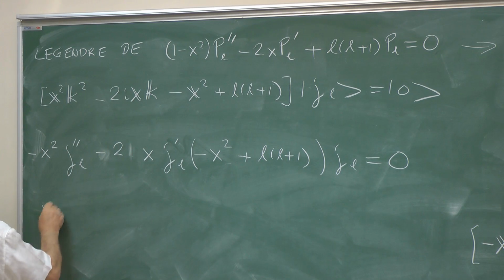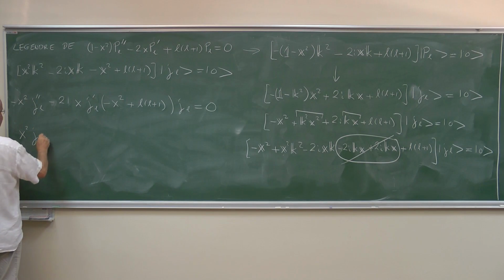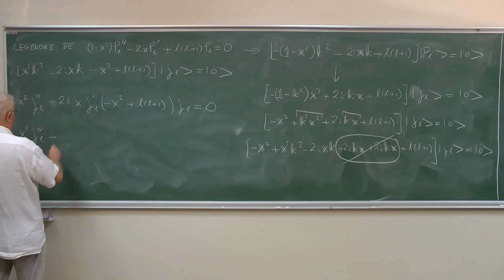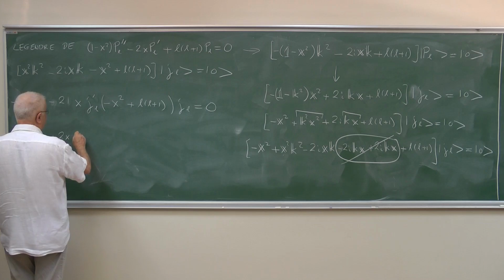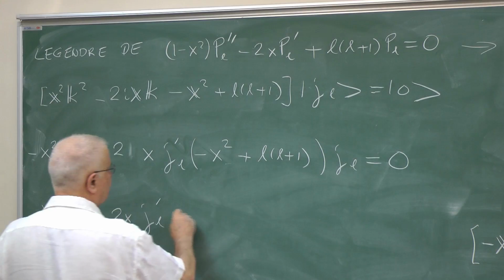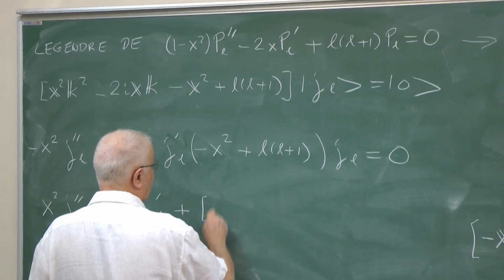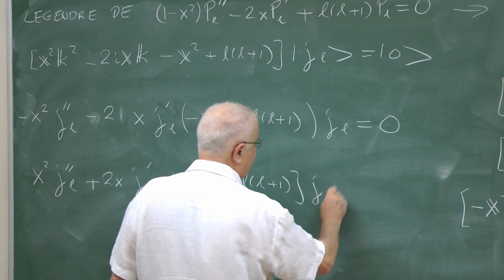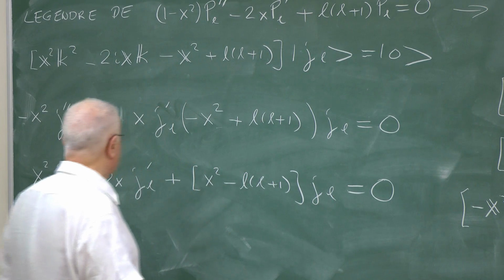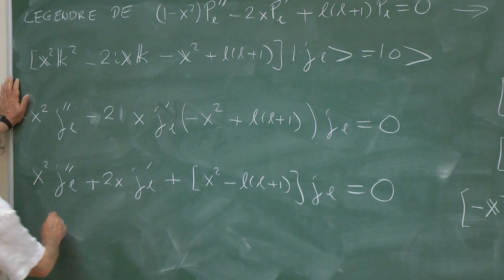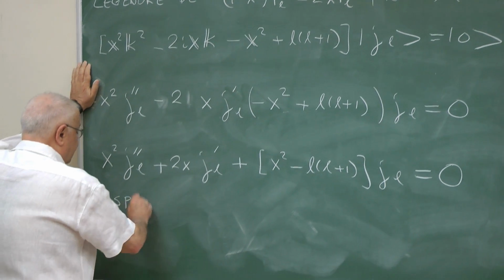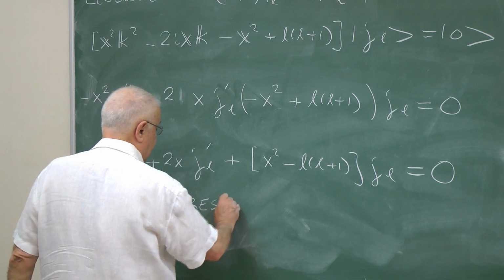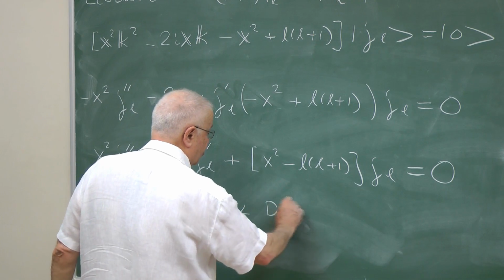Rearranging and getting rid of the minus signs: x squared J_L double prime plus 2x J_L prime plus x squared minus L, L plus 1, J_L equals 0. This is the famous spherical Bessel differential equation.